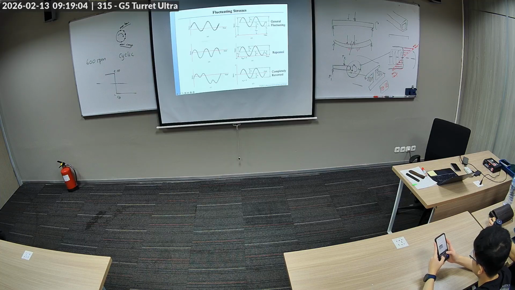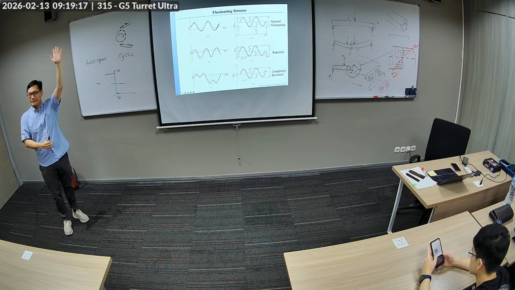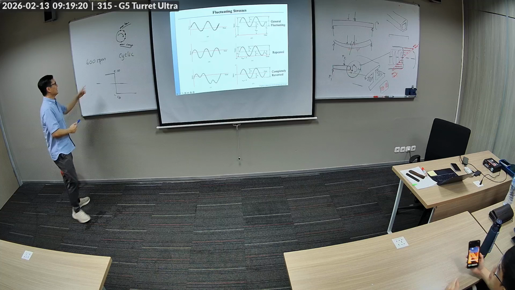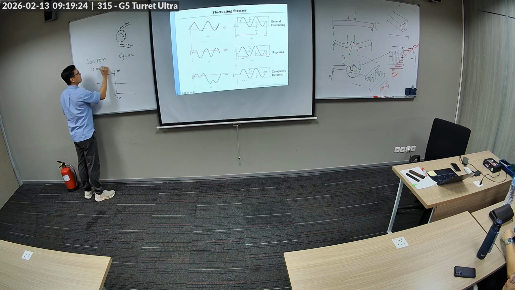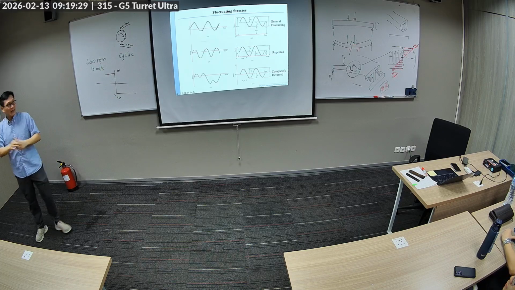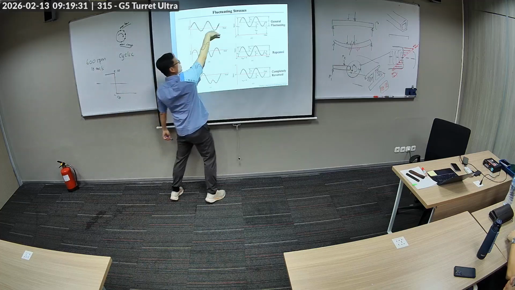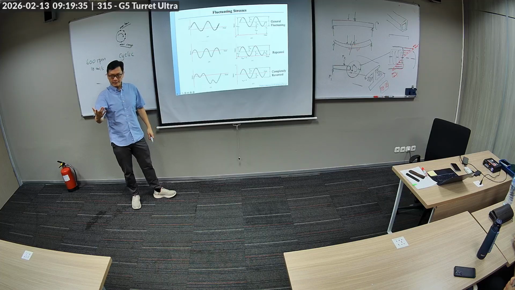To go from revolutions per minute to revolutions per second, do you multiply by 60 or do you divide by 60? Who said multiply? Okay. You divide, right? So this is 10 revolutions per second. And that's pretty fast. You're experiencing this fluctuation 10 times per second.